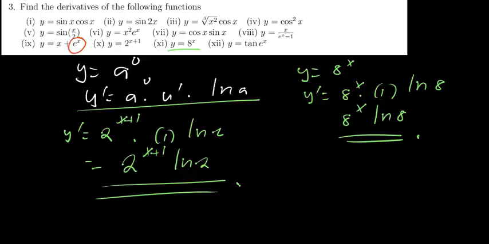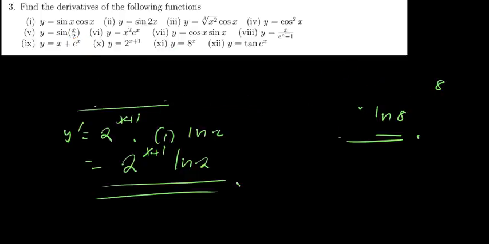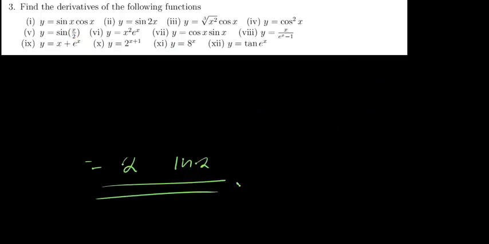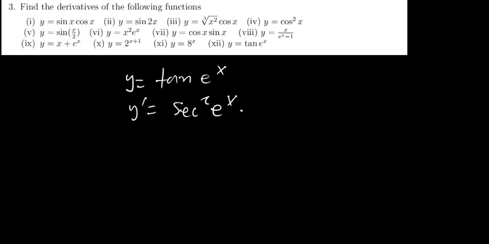Now let's look at the last one. Like we have said, it is actually y is equal to tan e to the power x. So y prime, the derivative of this, I said it is sec squared. But again, at this point, sec squared, then this behaves like an angle, times the derivative of e to the power x, which is e to the power x.